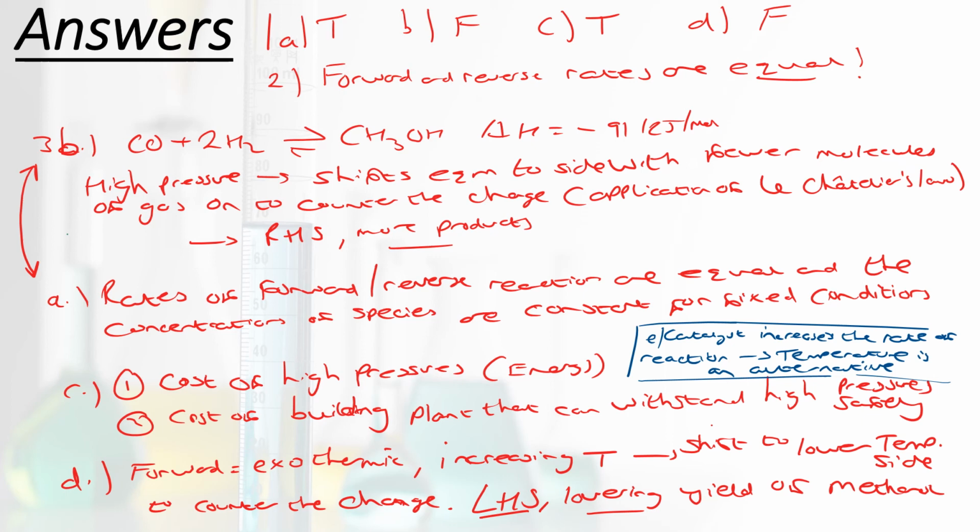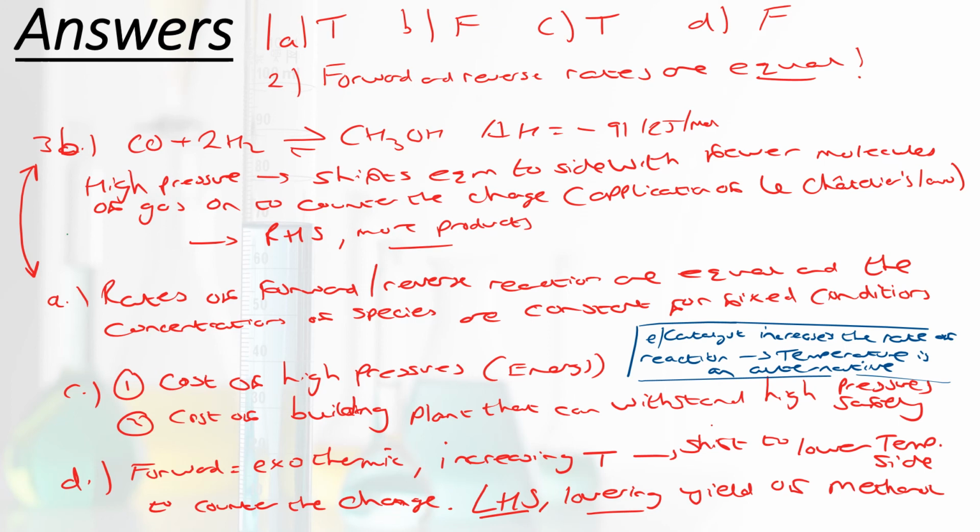So to oppose an increase in temperature, it wants to shift in the direction that will reduce the temperature, will take in some heat. That is the endothermic direction, and that is the reverse direction, going back towards the reactants, the left-hand side. And so that will reduce the yield of methanol.